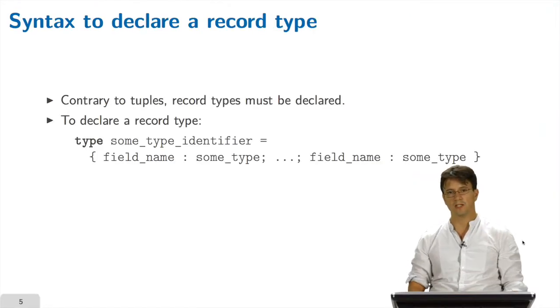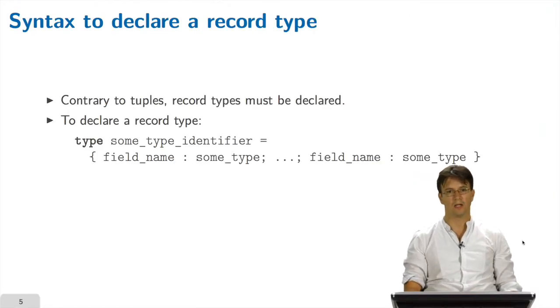The syntax to declare a record type is the following. You first use the keyword type, then the name of your type identifier, and after that, between 2 braces, you have to enumerate the different names of your fields and the type of these fields.